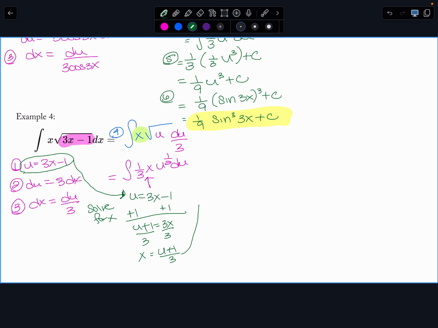Now I can go back up and say that this is 1/3 times u plus 1 over 3 times u to the 1/2 du. And now I got rid of all my x's. Now I have all u's and a du.